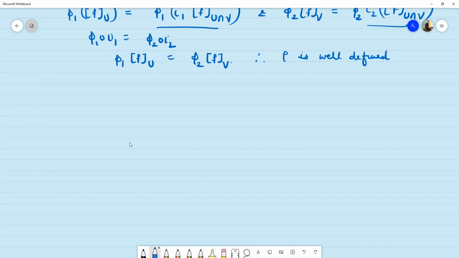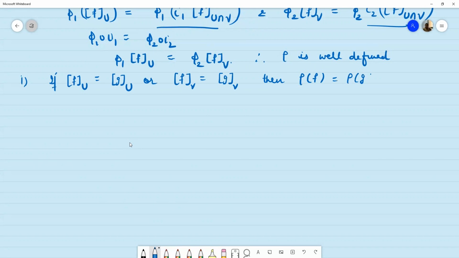Now we will prove that rho satisfies these two conditions. Number one, if the homotopy class of F in U and the homotopy class of G in U are the same, or secondly, if their homotopy classes in V are the same, then rho F is equal to rho G. It means if two paths have the same homotopy classes either in space U or in V, then their images under rho are the same.